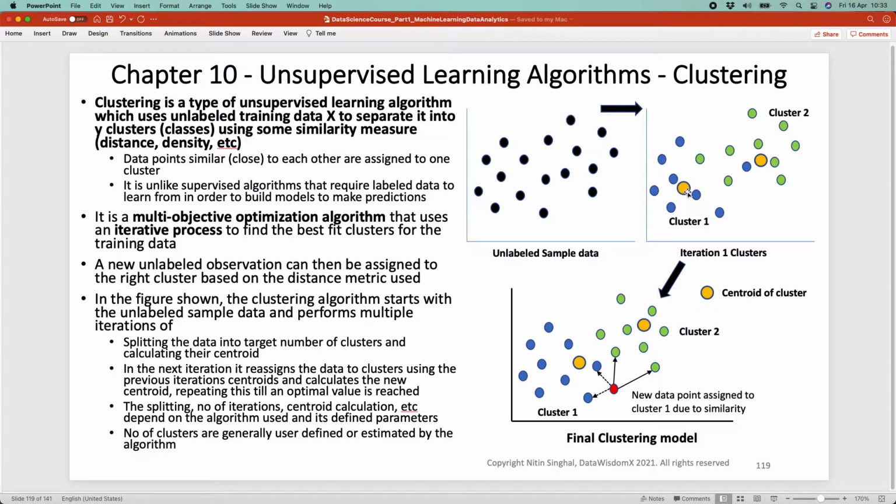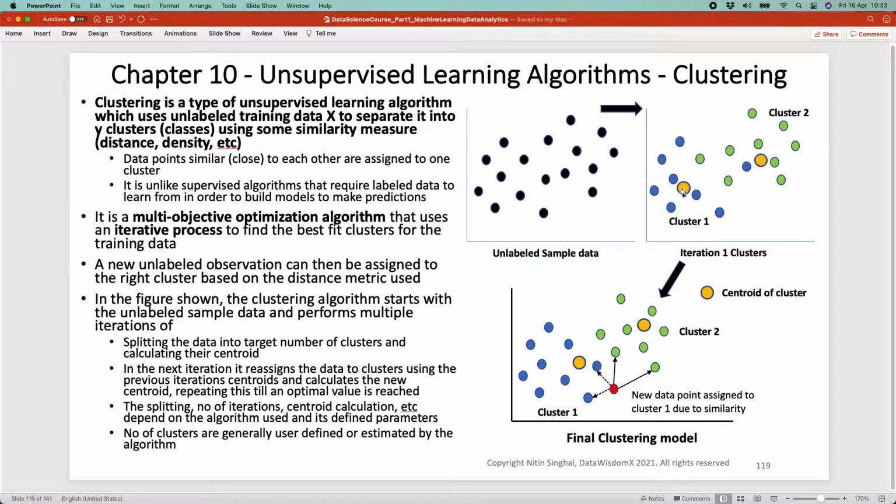The centroid is effectively the center for all these points. So if you take a simple example of the mean or average of your data, that's generally the center of your data. Similarly, in terms of geometry, if you have multi-dimensional data or even two-dimensional data, you'll need to calculate their centroid by using different distance metrics, like Euclidean distance, for example.